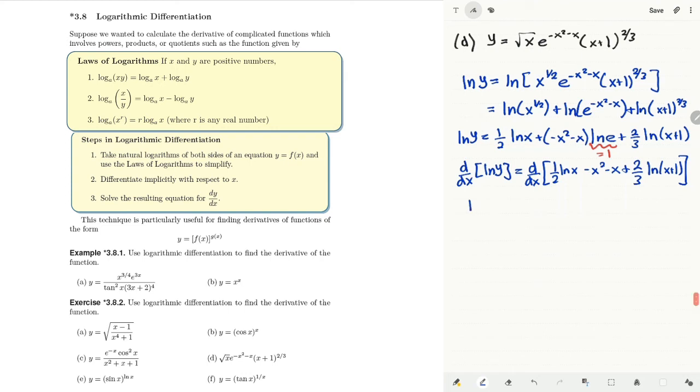So on the left-hand side, we have 1 over y times dy over dx is equal to 1/2 times the derivative of the ln of x, which is 1 over x, minus the derivative of x squared, which is 2x, minus the derivative of x, which is 1, plus 2/3 times the derivative of ln x plus 1, which is 1 over x plus 1 times 1.